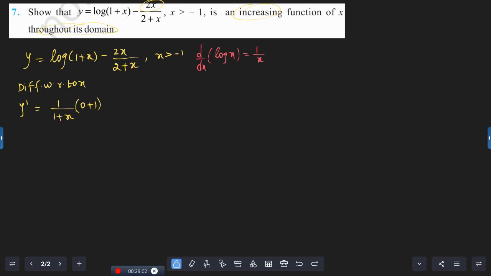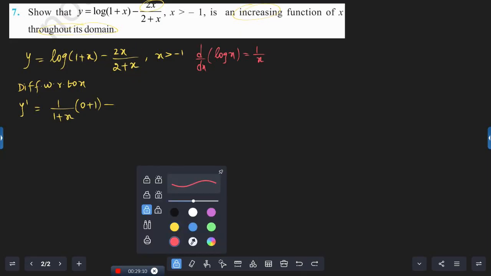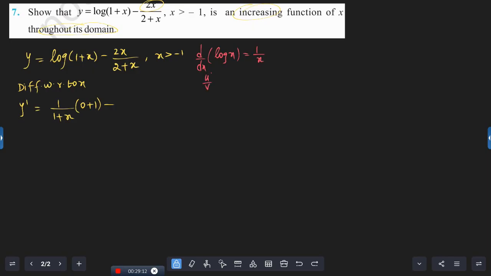Minus, which is in the form of u by v. Have you noticed? Since it is in the form of u divided by v, you should use the u by v formula: u by v whole dash is equal to u dash v minus u v dash, divided by v squared. This is the formula I'm going to use. So this is the u and the denominator is the v.